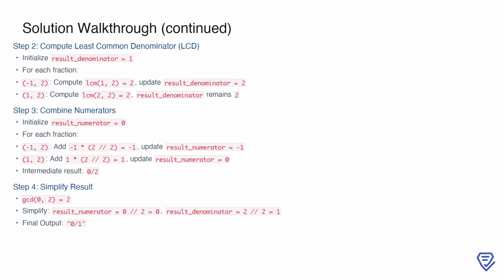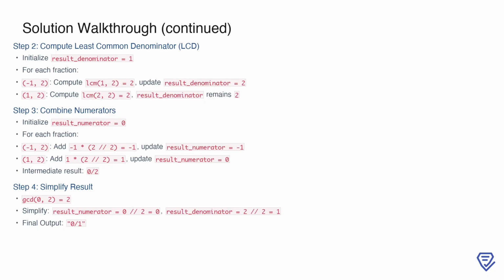Starting with result_numerator as 0, we adjust each numerator to match the common denominator. For -1, 2, we calculate -1 * 2 / 2 equals -1, updating result_numerator to -1. Then, for 1, 2, we add 1 * 2 / 2 equals 1, which brings result_numerator back to 0.